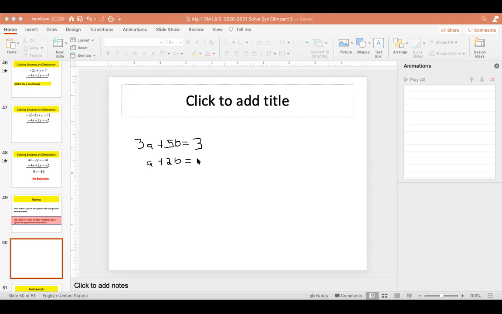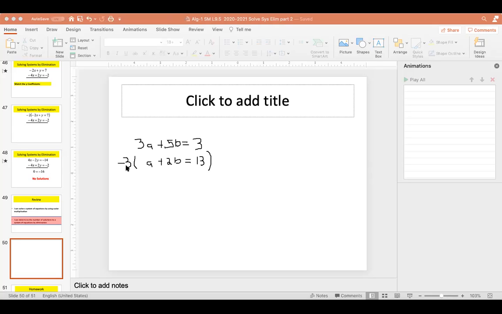So we're going to match the A's. This one already says 3A, so what are we going to multiply the bottom by? 3. And I want one to be positive, one to be negative, so I'm going to multiply not by 3, but by negative 3. Do you understand why we want one to be positive, one to be negative? So that way it cancels out.